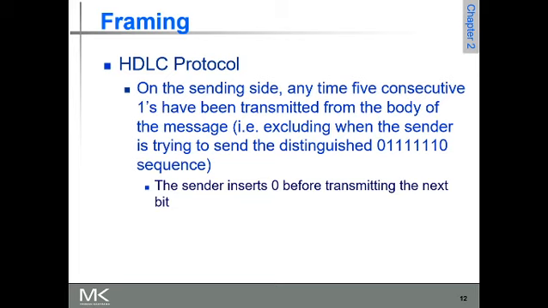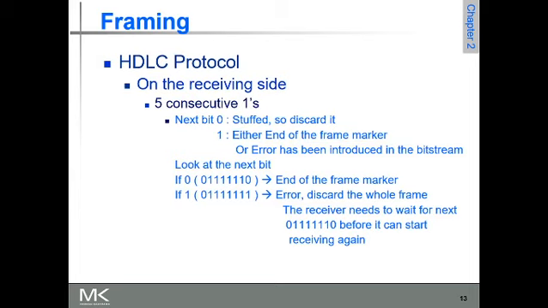So if the same sequence comes as a data part, the sender will purposefully insert a 0 after 5 ones before transmitting the next bit. After 5 consecutive ones, if it is a data or body part, the next bit will be a 0.